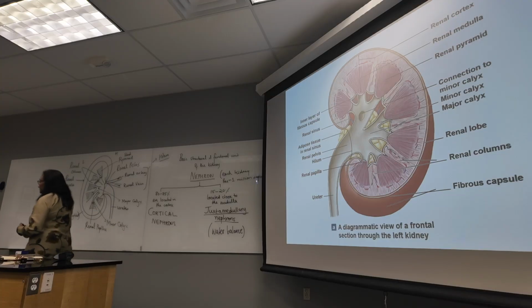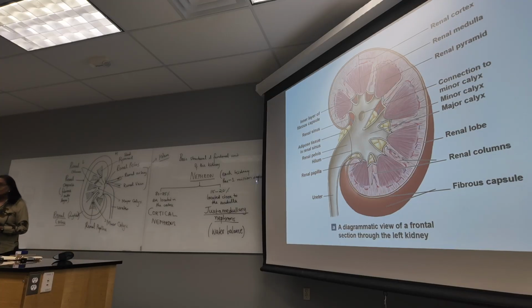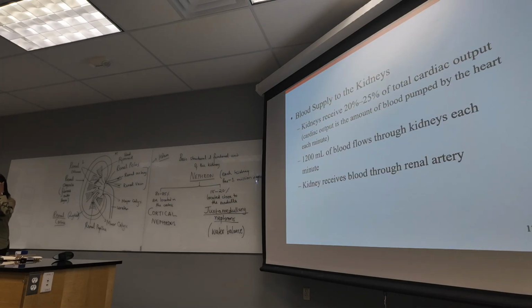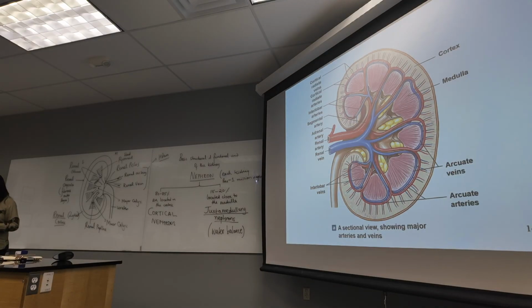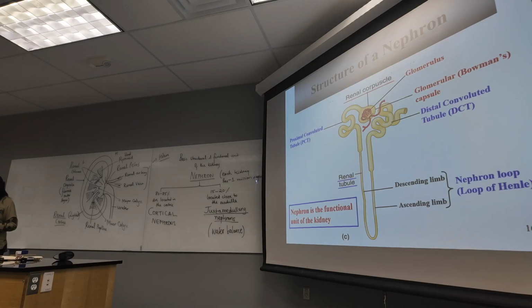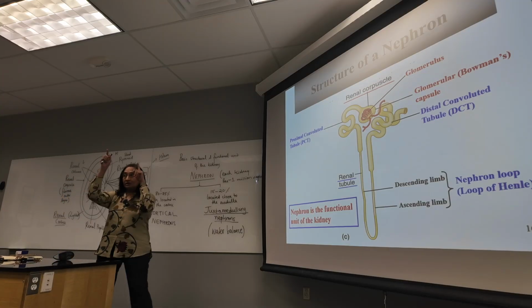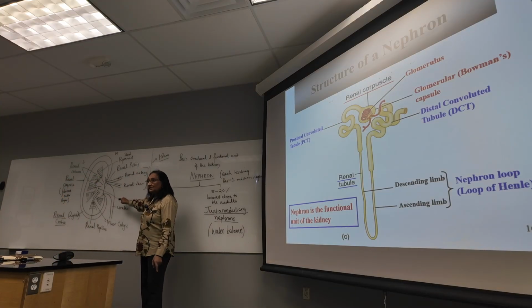Okay? So now we look at the structure of a nephron. So we'll talk about blood vessels. Structure of a nephron. So this is the second thing. So you will be looking at the cross section of the kidney, longitudinal section of the kidney.